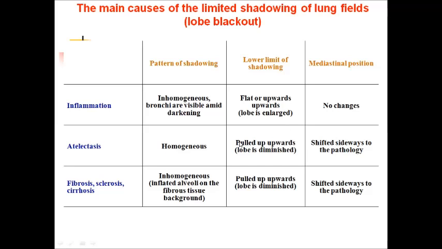And in atelectasis and in fibrosis, in both these cases, the lower limit of shadows is pulled upwards because the lobe is diminished as a result of poor ventilation in atelectasis and as a result of development of connective tissue in fibrosis or sclerosis.